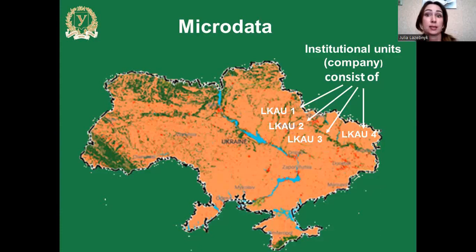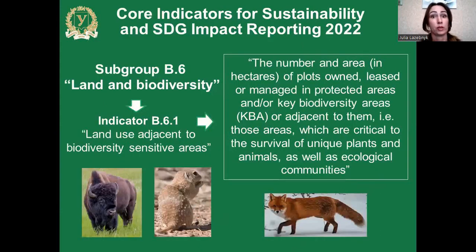And now let's see what about the indicators. Development of a unified list of main indicators for reporting by institutional units was initiated by the United Nations Conference on Trade and Development in 2016, and extended in 2017, 2018, and 2022.